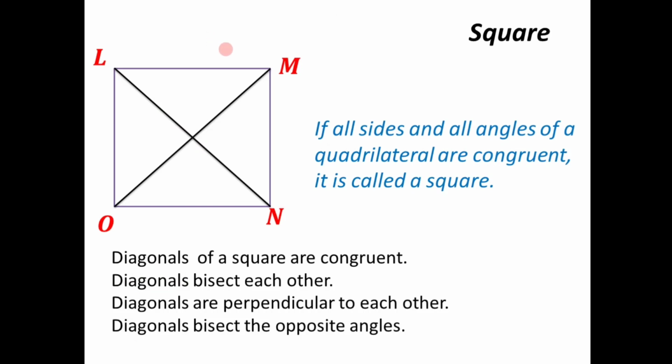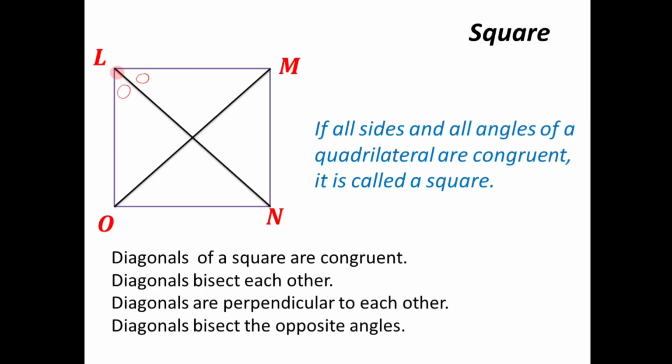So the opposite angles are angle L and angle N. So as LN is the diagonal, angle OLN is equal to angle MLN, as this is the diagonal which bisects the opposite angles.